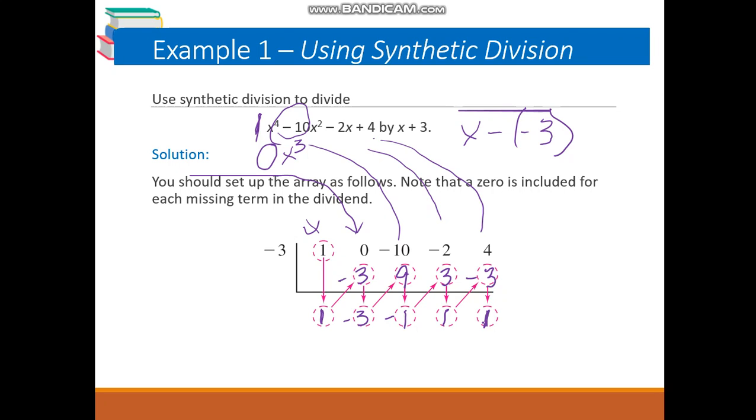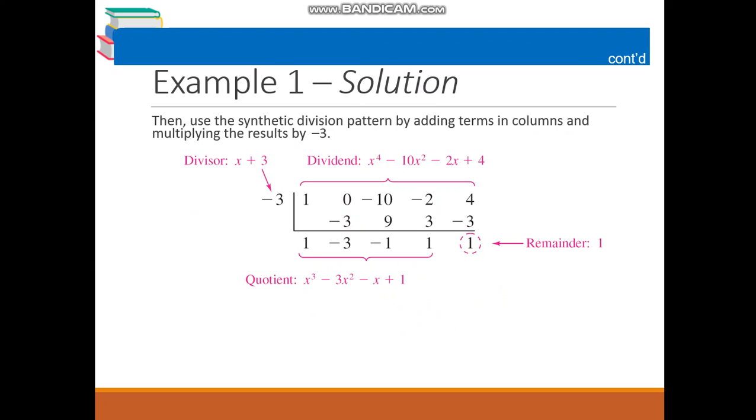And if you can't really read my writing, that's fine, because here it is on the next slide, typed out, all nice and neat. So these are the answers that we got. This last number is the remainder. And then these numbers, my quotient's going to start with 1 degree less than my dividend.